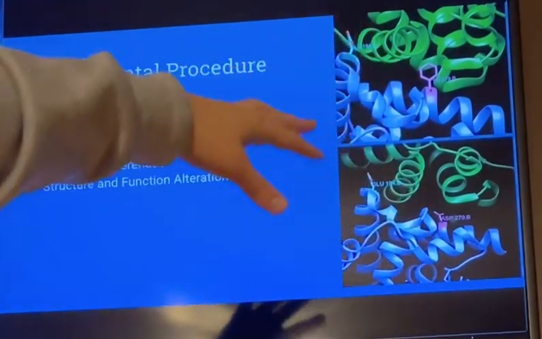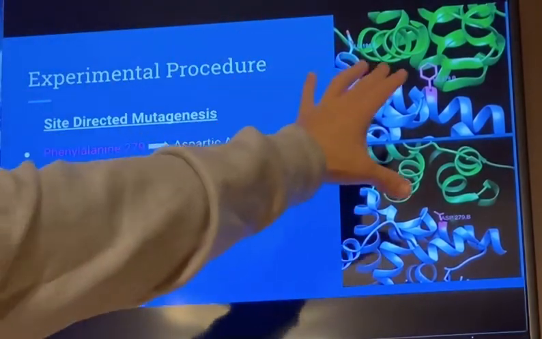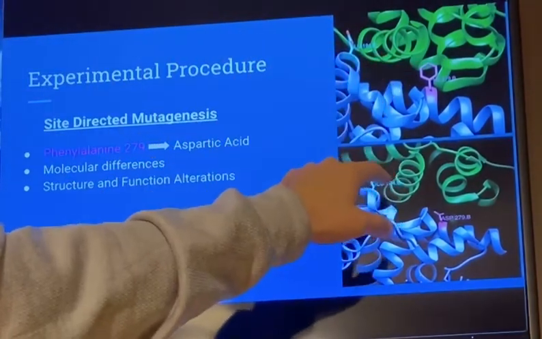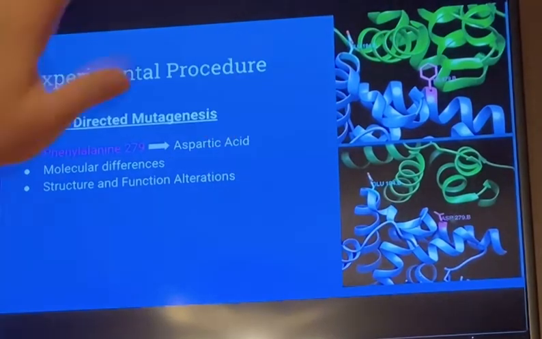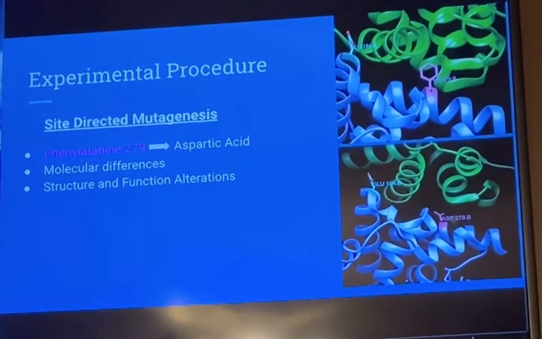We're gonna make a couple mutations. I'm gonna focus on this phenylalanine to aspartic acid mutation. But by that process, by mutating and seeing how the overall system reacts, is how we can understand what we need to do in order to fight these bacterial infections.